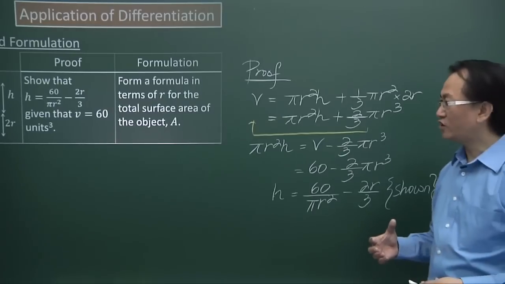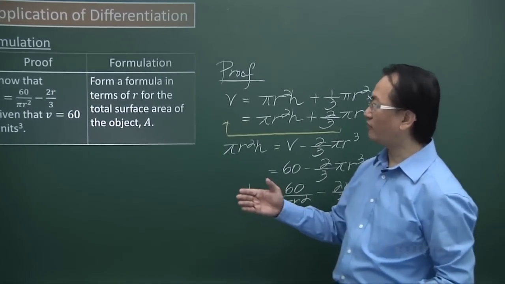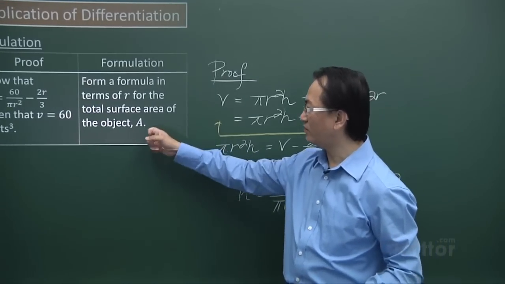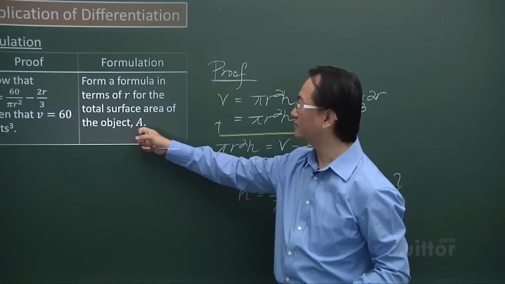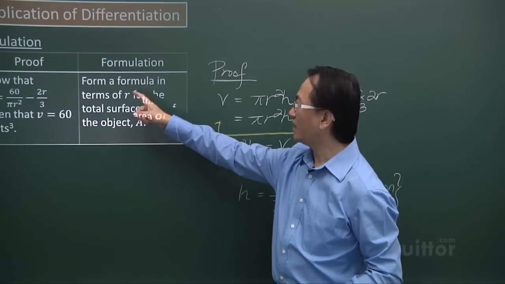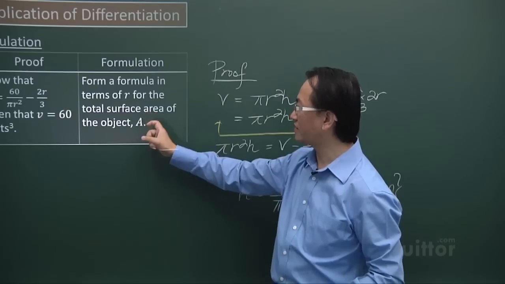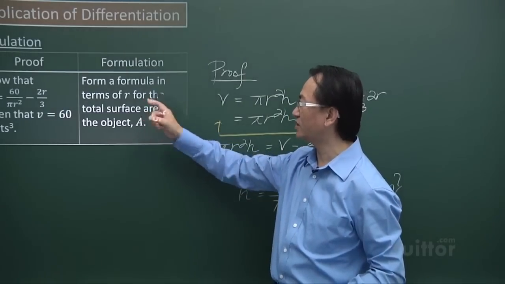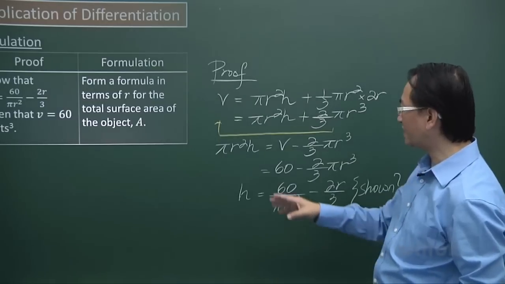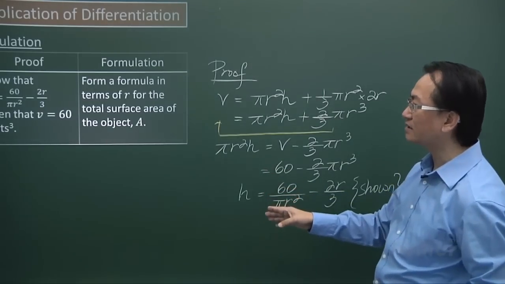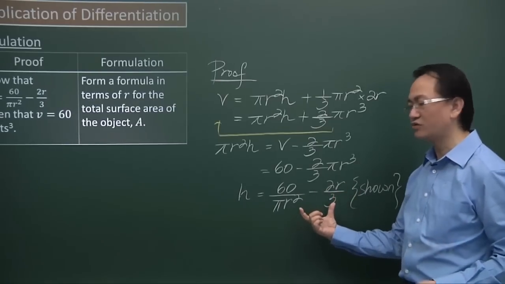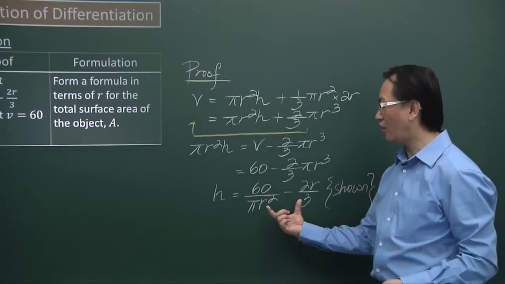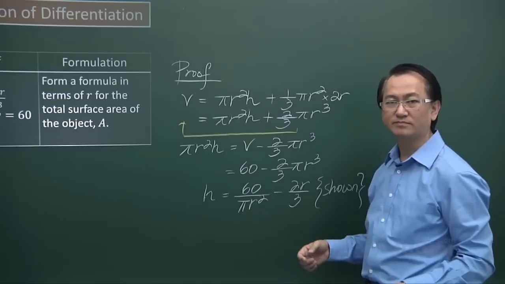Now in formulation, when we are asked for the surface area, which is noted here as A, we want the total surface area in terms of R. So you notice that H will appear, but we will be using substitution here of the H expression.